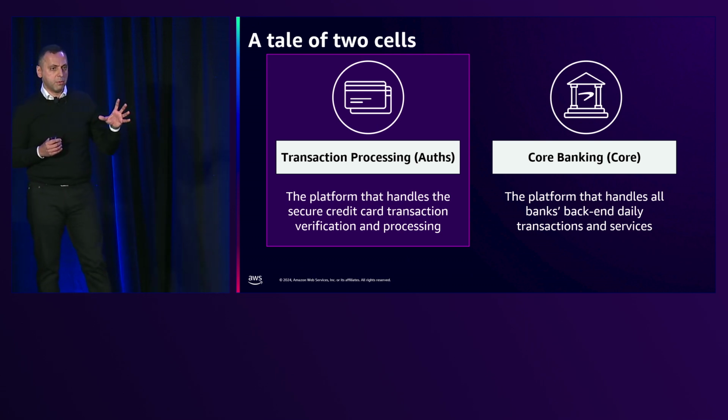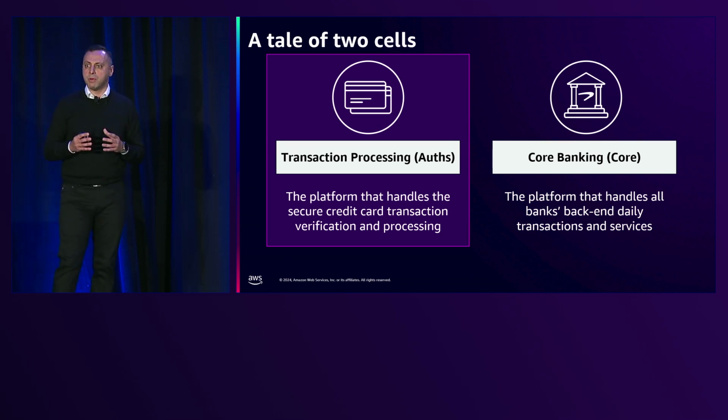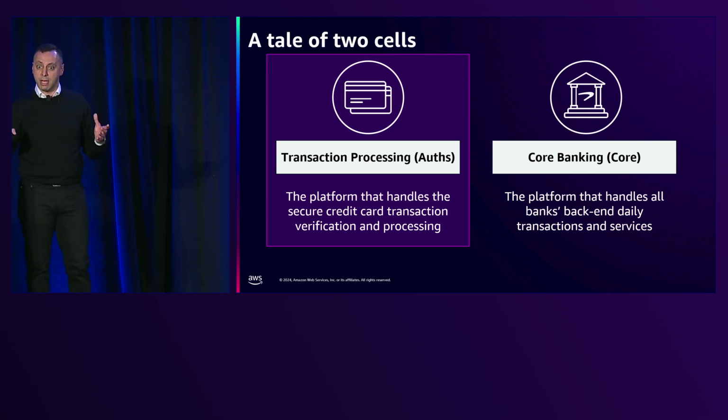In the first scenario, on the authorization side, we have a very high requirement for a tight execution of 250 milliseconds. We have an end-to-end execution chain that we need to execute within that 250 milliseconds.